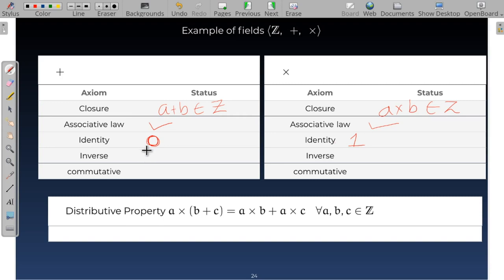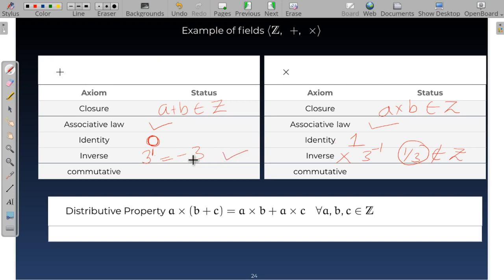For example, if you have the integer 3, its additive inverse is minus 3. But the multiplicative inverse of 3 is 1 upon 3, and 1 upon 3 is not an element of Z. So this does not satisfy the inverse property.